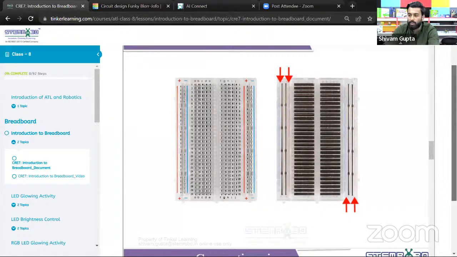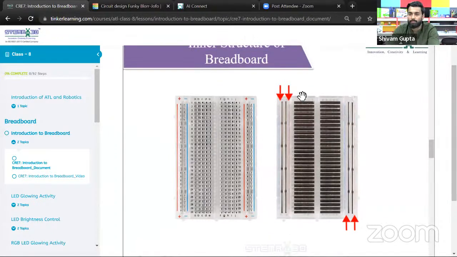All right, so here we can see there is a breadboard, right? And what we can see here is that this is the board that we have seen, and this is the part that is inside the breadboard. So basically, breadboard is having metal inside it.